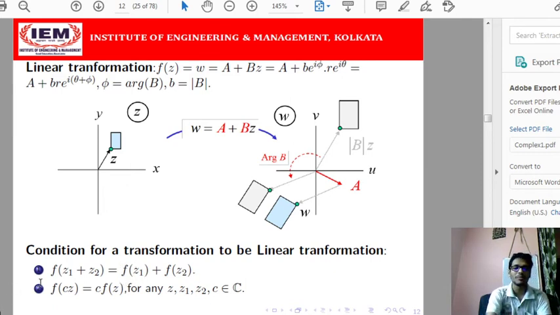That means f of z1 plus z2 equals f of z1 plus f of z2, so addition is preserved under the transformation f. The other is f of cz, the scalar multiplication. We multiply c with z and then apply the function f, and that is the same as c into f of z. If these two conditions are satisfied for a given function, then we say it is a linear transformation.